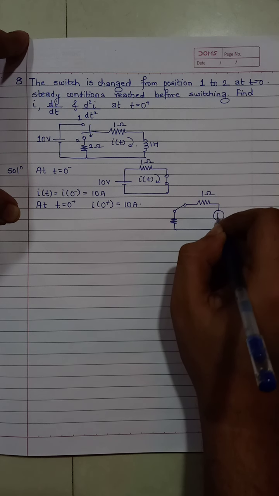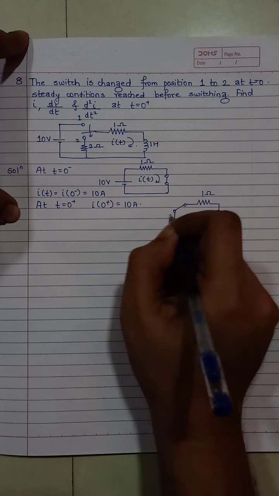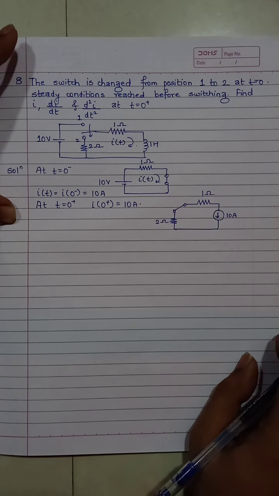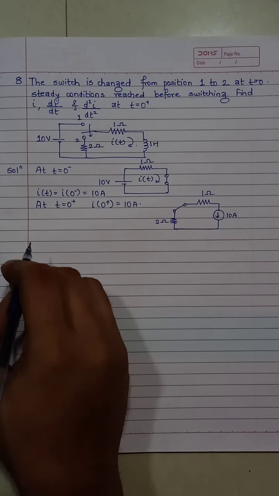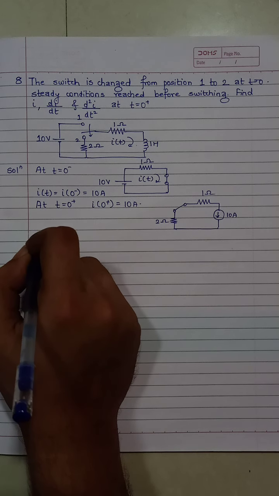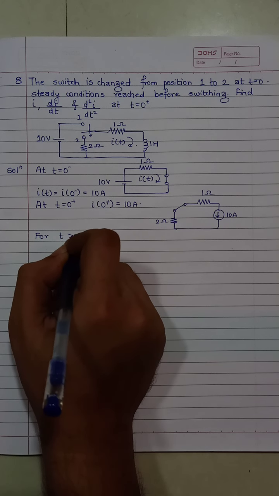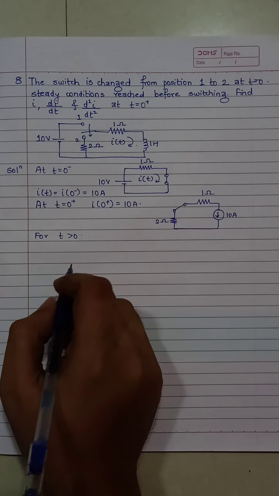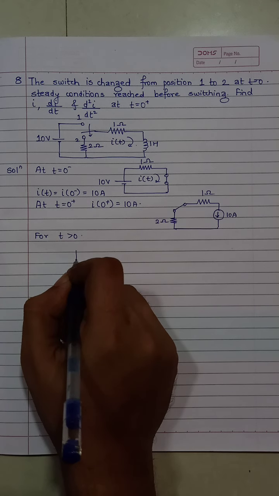So this will be 10 ampere, and this will be 2 ohms. Now for t greater than 0, draw the circuit.